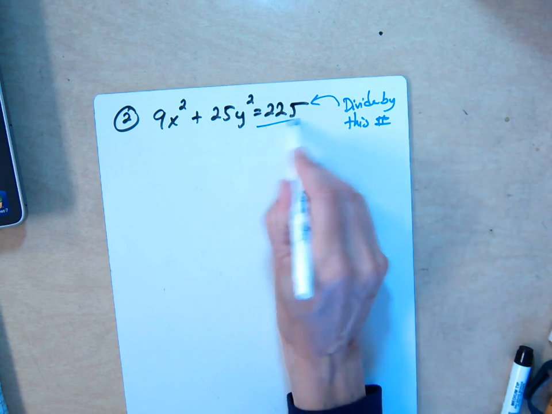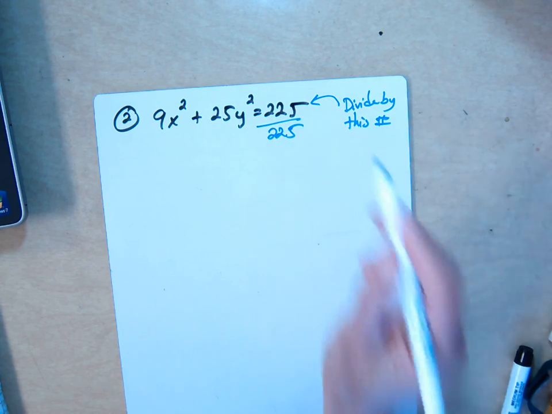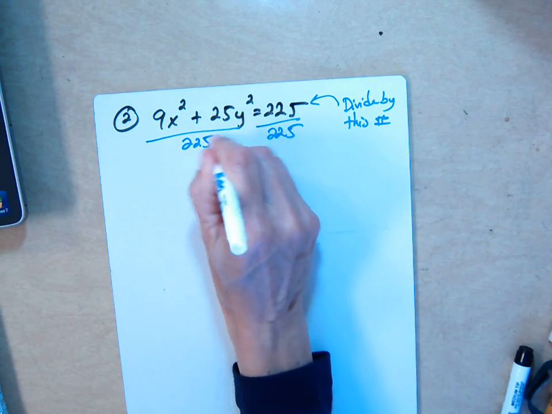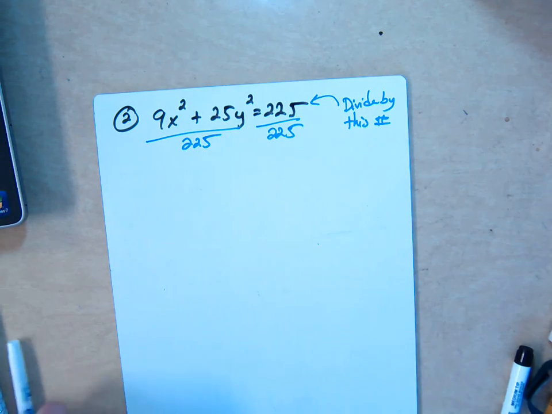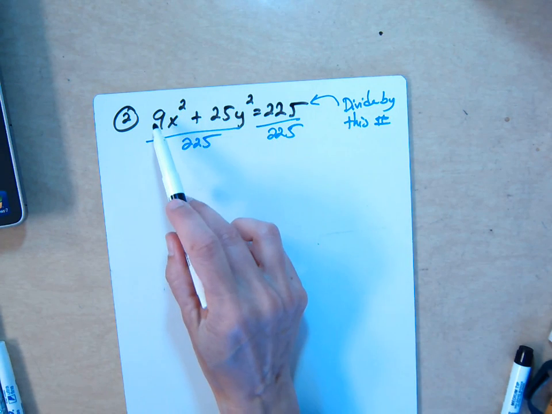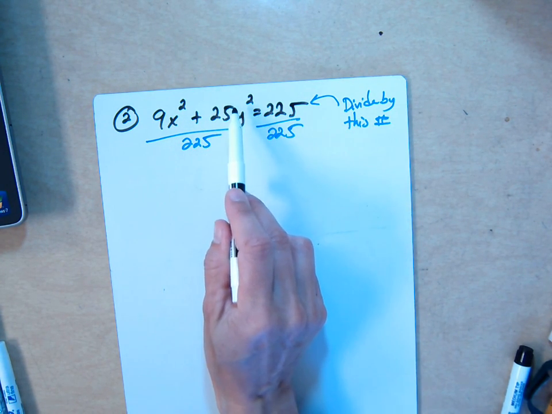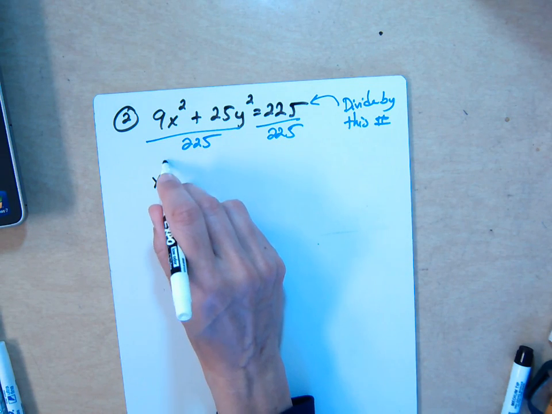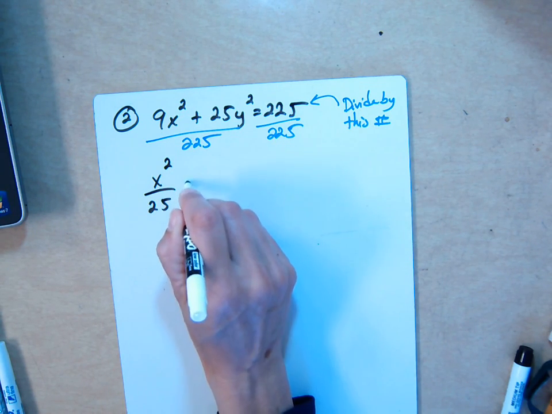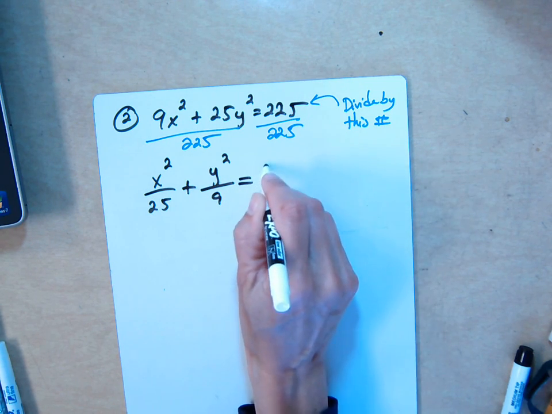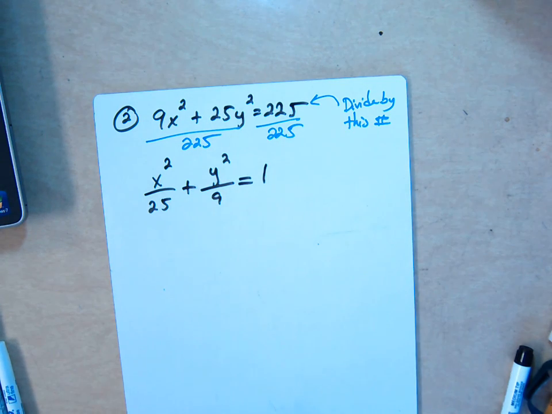If you don't see a 1 over there, you want to make it a 1. And if I'm going to do it on that side, I have to do it on this side. And conveniently, all the problems you'll be given, 9 will go evenly into 225, so it'll go away, and so will 25. So you get x squared over 25 plus y squared over 9 equals 1. And that's something that you can work with.